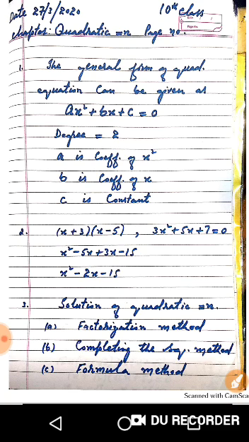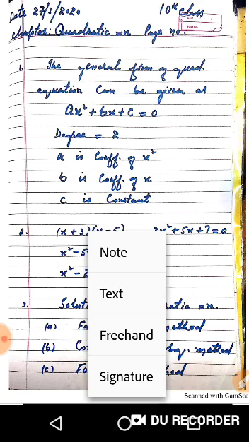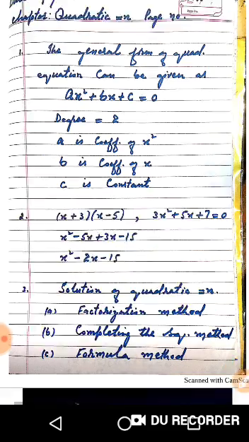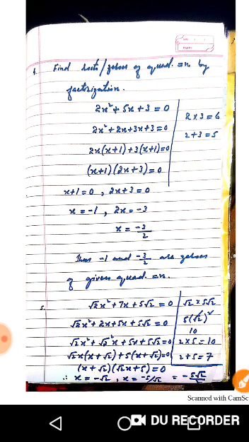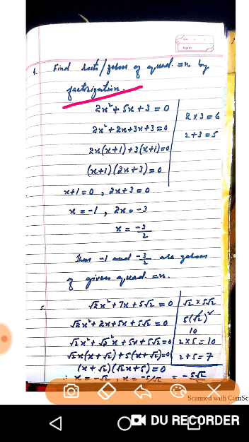Then let us try to learn the first method, the factorization method of this quadratic equation. Look here: find roots or zeros of quadratic equation by factorization method. The question given here is 2x square plus 5x plus 3 is equal to 0. This is a simple one, as you have done such type of question in earlier classes as well.